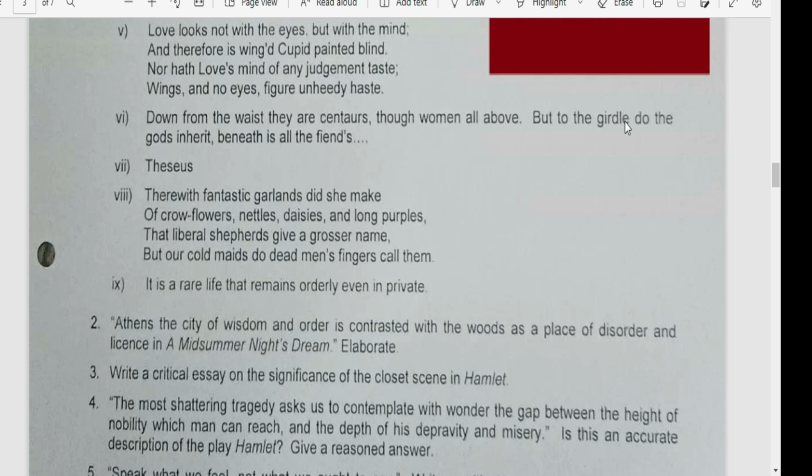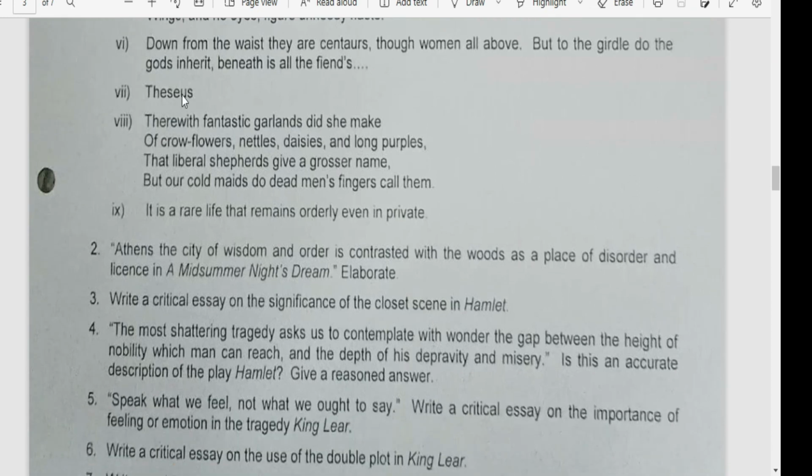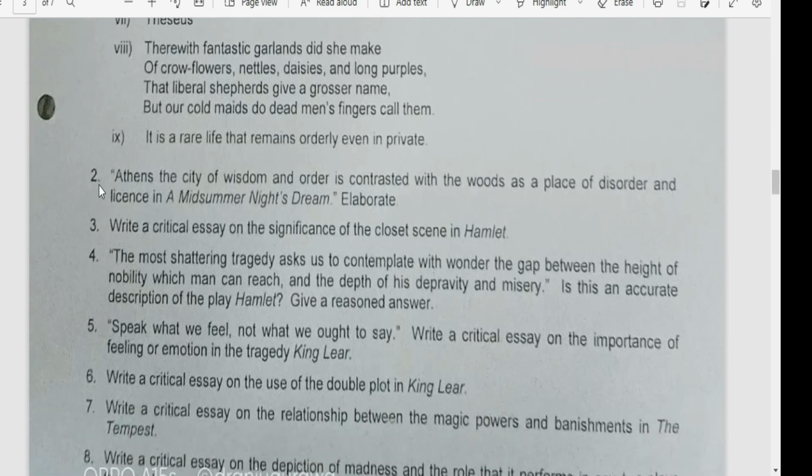Down from the waist they are centaurs, though women all above, but to the girdle do the gods inherit, beneath is all the fiends'. There with fantastic garlands did she make of crow-flowers, nettles, daisies, and long purples, that liberal shepherds give a grosser name, but our cold maids do dead men's fingers call them.